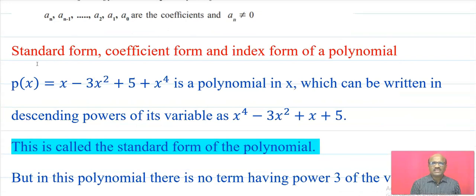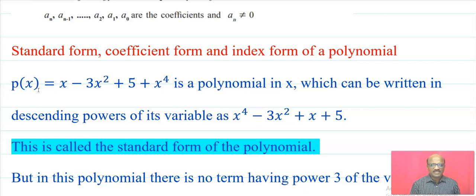Now, the next is the standard form, coefficient form, and the index form of a polynomial. Now, see this here, polynomial p of x. आता हे polynomial p of x is denoted, that is p stands for the polynomial.